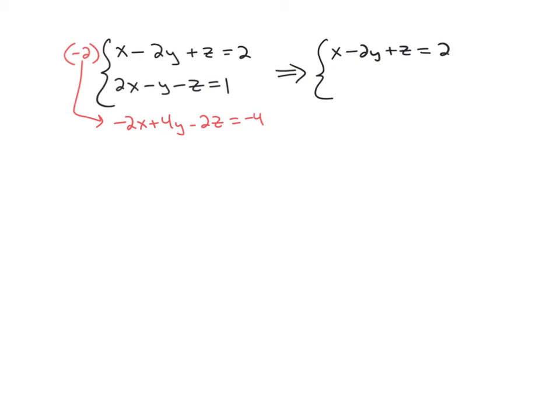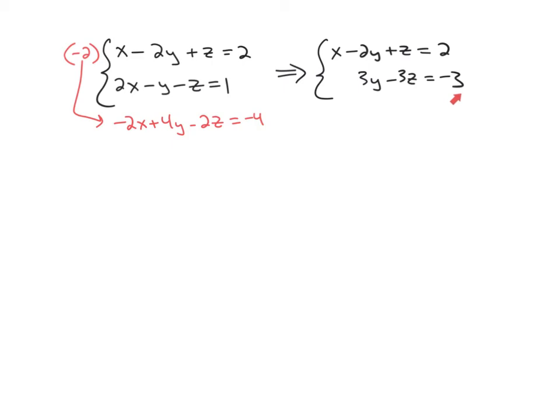And now I'm going to replace the second one with the sum of this second equation and a multiple of the first equation. So to do that, the x's are going to drop out. I end up with a 3y, a minus 3z, and a minus 3. Okay, now at this point you might notice that there's a common factor of 3 here.